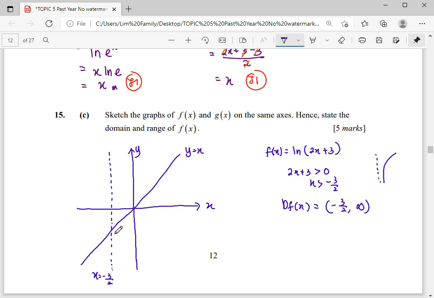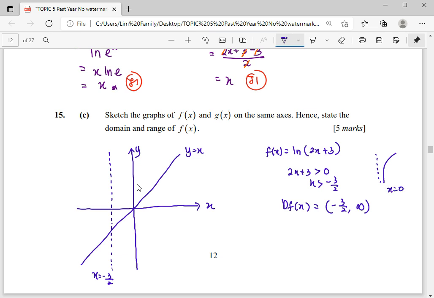So here is the foot of the log and it will shoot upwards. When we shoot upwards, we have to be careful, either it will be above the reflection axis or below the reflection axis. So that's why you have to find out what your y-intercept is here. You cannot undershoot or overshoot.